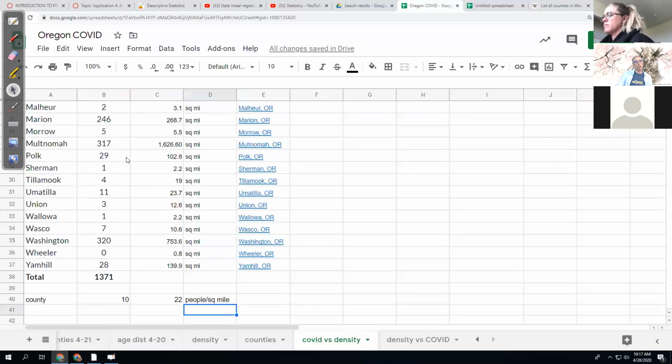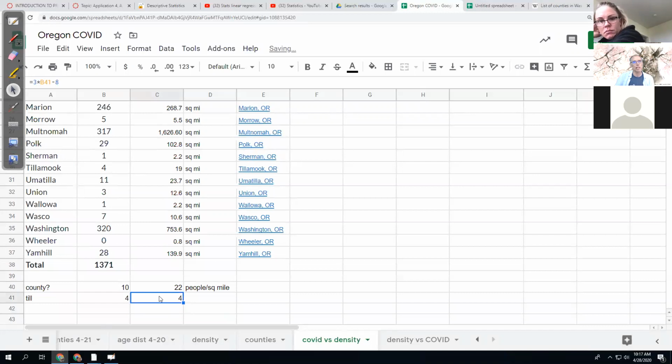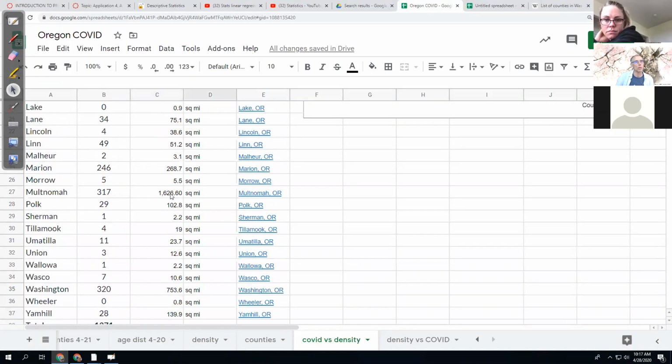If I pick on one of these counties in particular, like let's pick on Tillamook County. Tillamook County says they have 4. So this was just some random unknown county. But if I pick on Tillamook, they had 4 cases back then. And if I use my equation, 3 times the number of cases minus 8, it says their population density should be around 4 people per square mile.